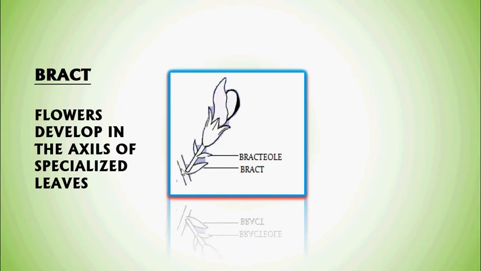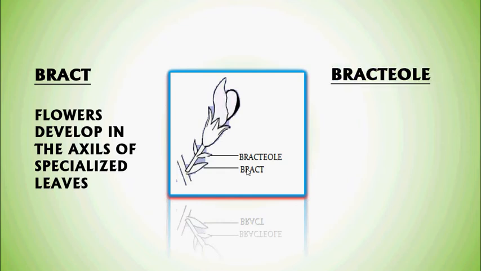This part is called the stem, and this part of the flower is called the pedicel or stalk of the flower. This pedicel arises from the axil of the specialized leaf. It is called the bract.